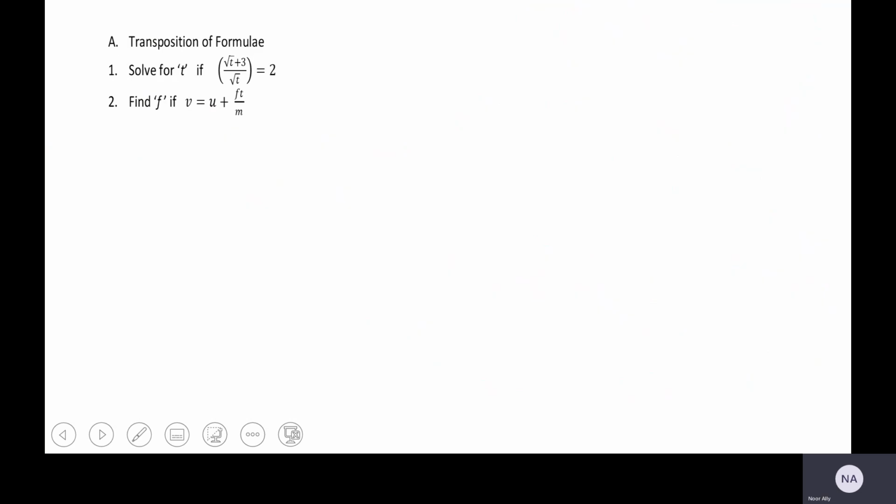Now what we're going to do very quickly is apply those processes of the solution of equations to simple formulae. So for example, in the first one, solve for t if the square root of t plus 3 divided by the square root of t is equal to 2.